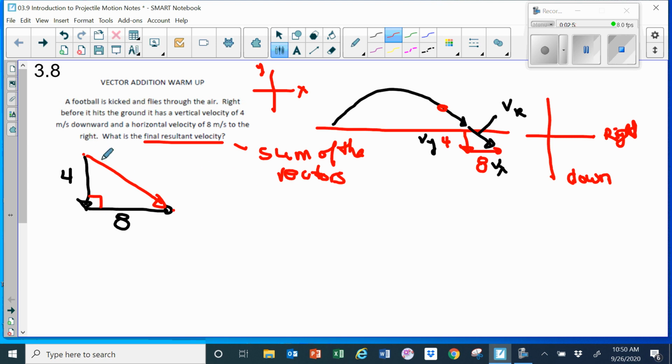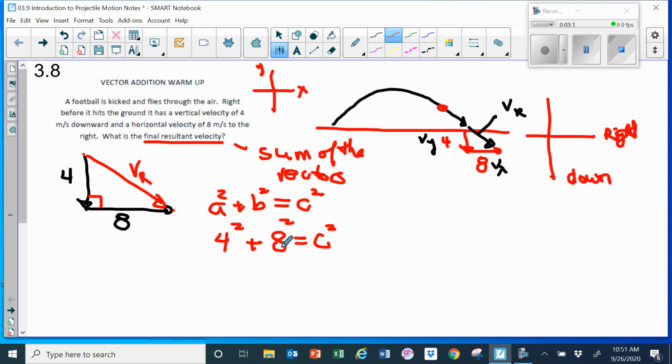I want to find this resultant vector right here, VR. Well, this is sort of like the Pythagorean theorem. It's a right triangle, so a squared plus b squared equals c squared. I know a and b, so 4 squared plus 8 squared equals c squared.